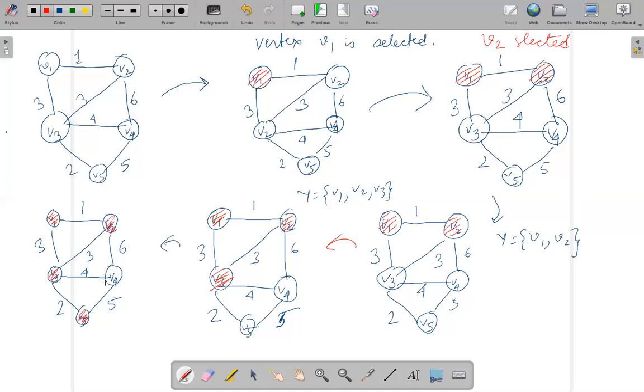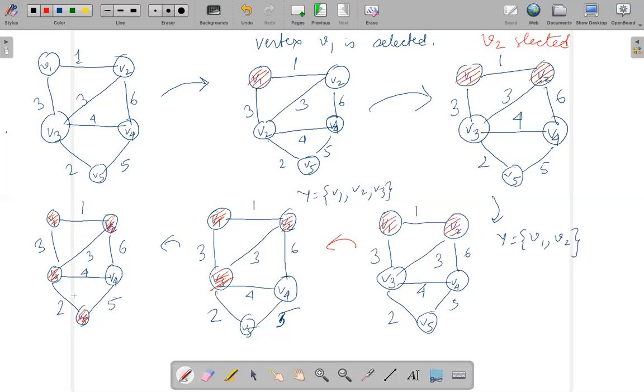Okay, so we have now taken V1, V2, V3 and V5, only V4 is left.